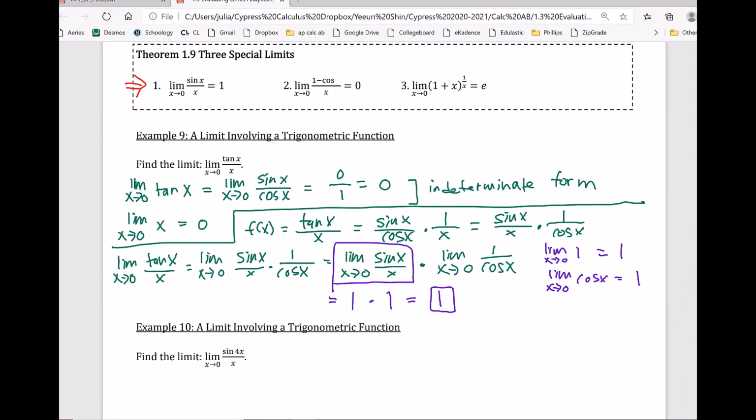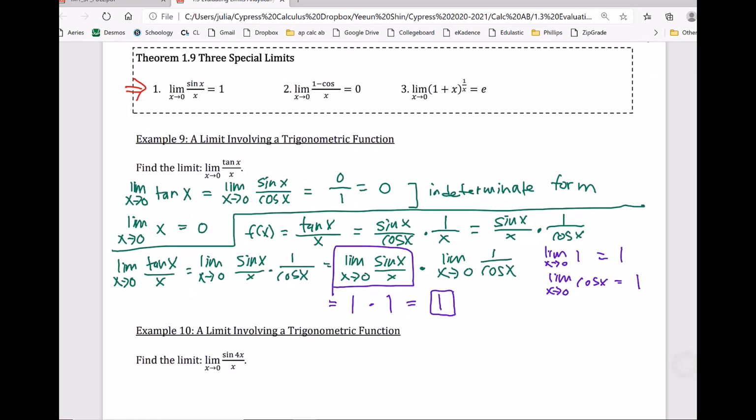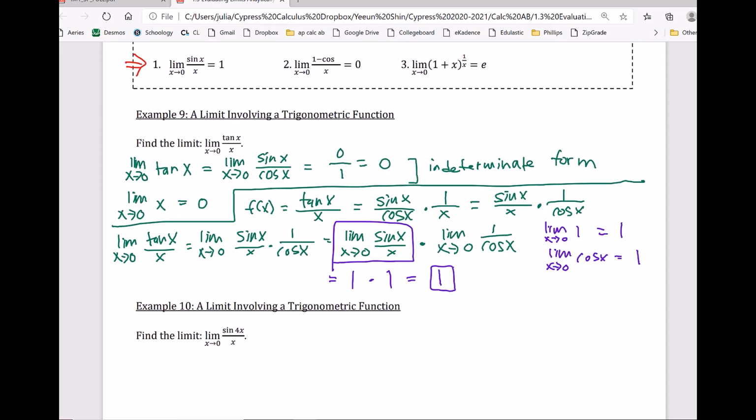So, I mean, just by looking at this already, I hope you're thinking, yeah, that looks like we're going to use number 1, right? That almost looks exactly the same. However, how is it different? It's a little bit different, right? Because it would be perfect if we had sine of x over x, but the problem is we have a big fat 4 over here.